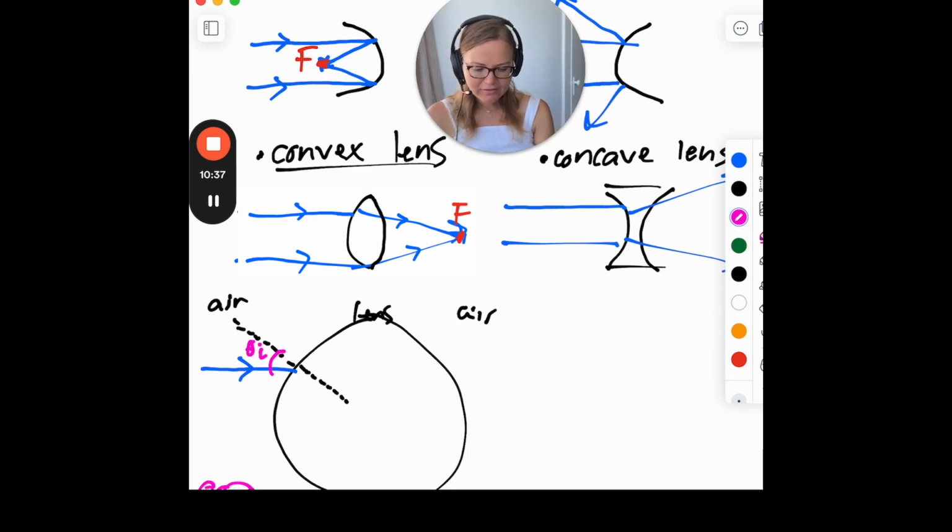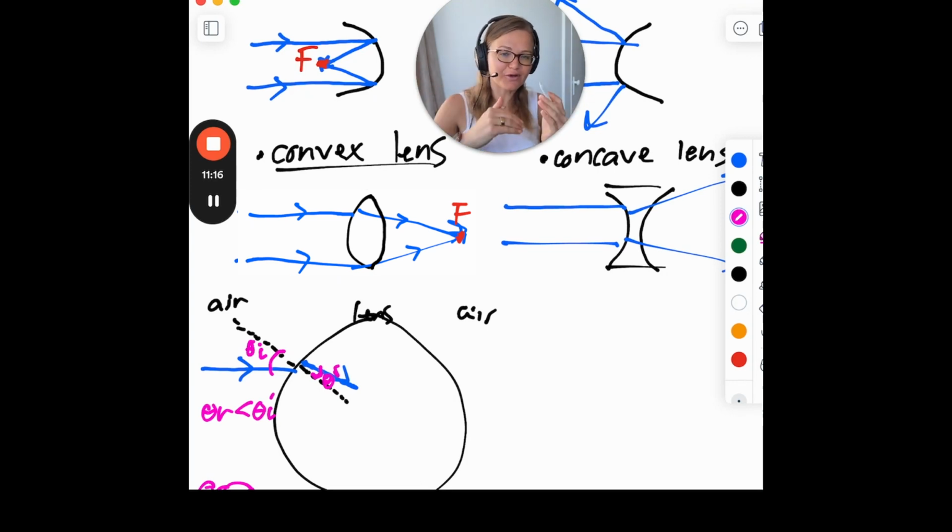So that means my second angle here is actually going to be smaller, because we're bending towards the normal. So that's my light ray, again, getting bent. So my second angle, my angle of refraction, my theta R, is going to be less than my theta I here, right? Theta R is less than my theta I because we bent towards the normal. Okay, so that checks out so far with the facts that we talked about.